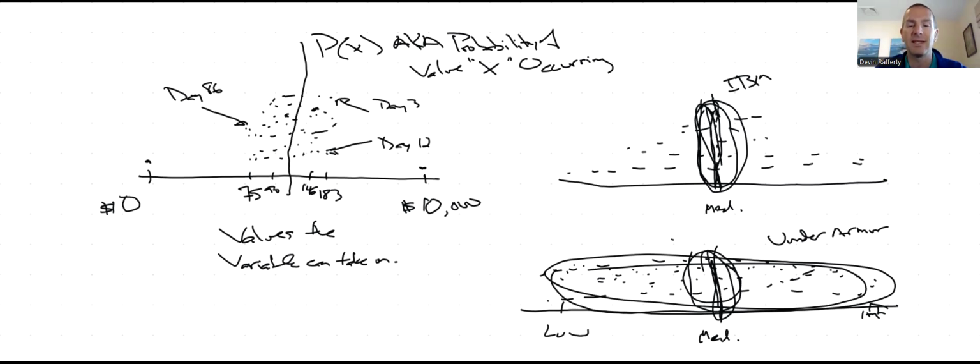My point is that that data distribution would be much more spread out than yours, when you get on the highway, turn on cruise control, and just cruise at 70 miles an hour no matter what. That's the importance of these descriptive statistics.